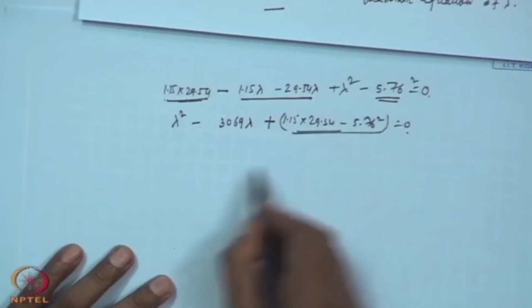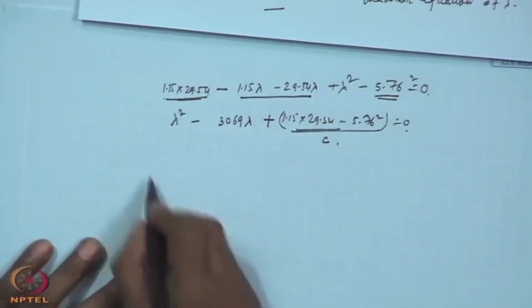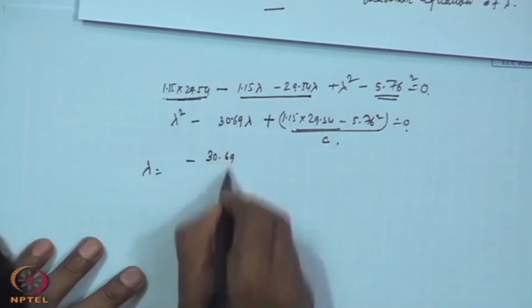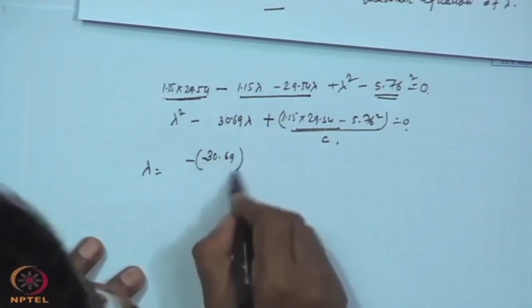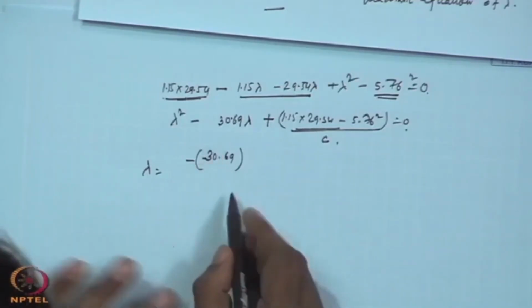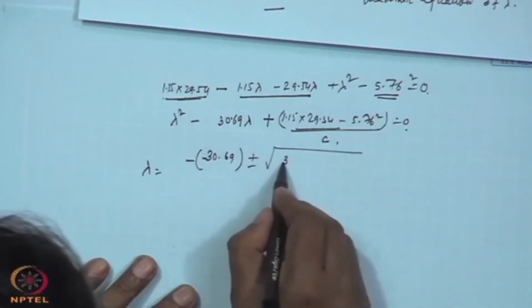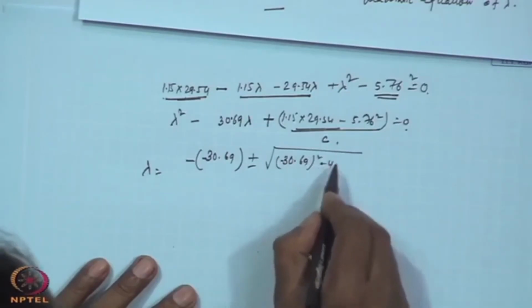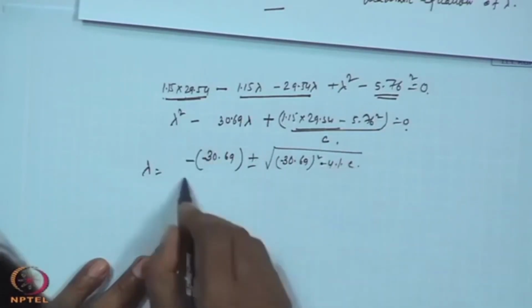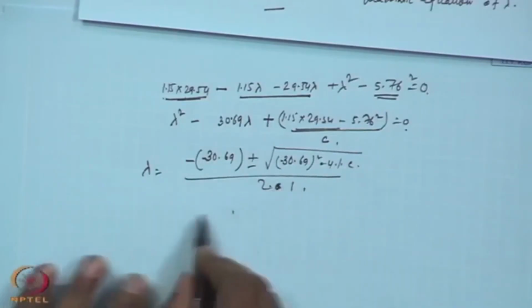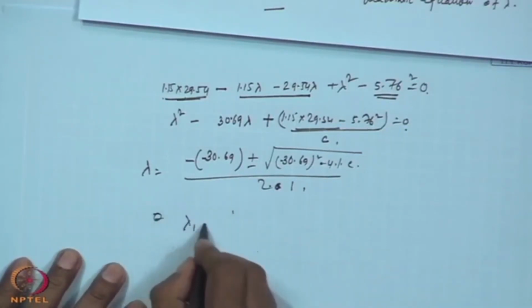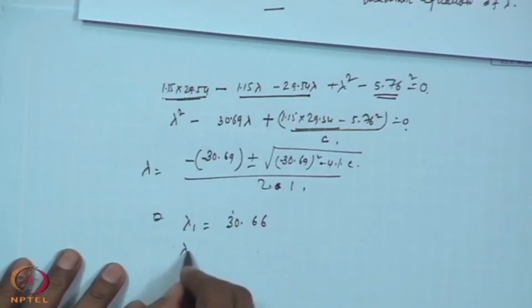Okay. If I consider this as C, then your lambda is minus B, which is 30.69, minus B plus minus root over B square minus 4 AC, where A is 1, divided by 2 into A. This will give you the eigenvalues, two values: lambda 1 will be 30.66 and lambda 2 will be 0.03.